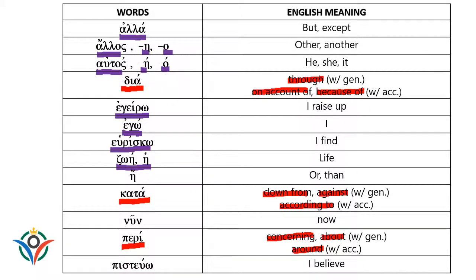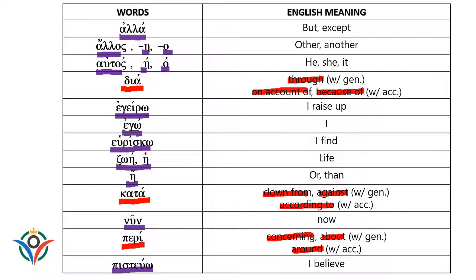Then we have ē, which is translated as or than. All right, and this word has a critical diacritic. It has a smooth breathing mark and an acute. Next we have nun, which is now. And then our last vocab word for today is pisteuō, which means I believe.